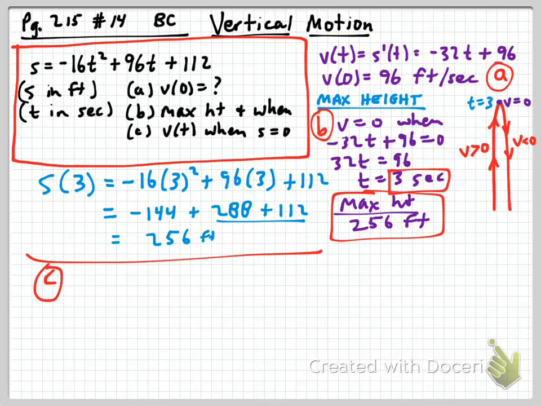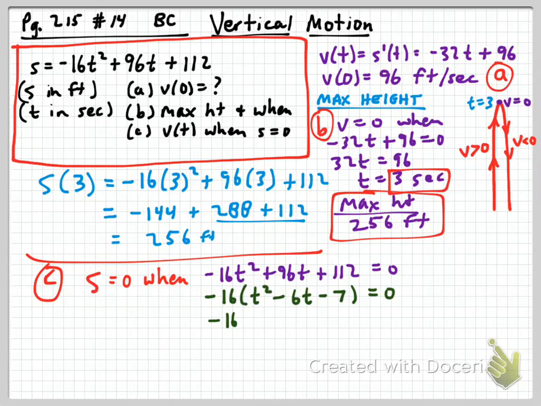And so s is equal to 0. I'll write that down here. s is equal to 0 when negative 16t squared plus 96t plus 112 is equal to 0.